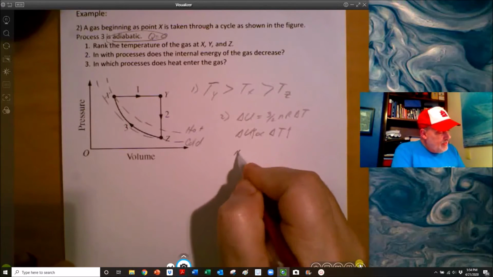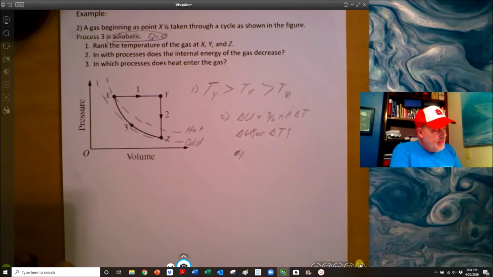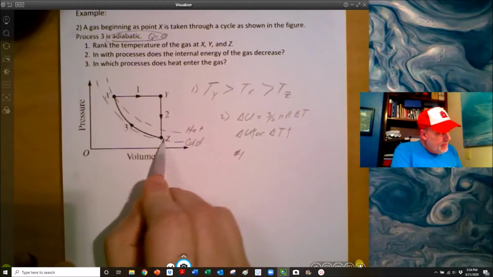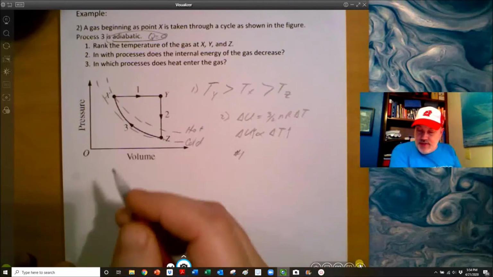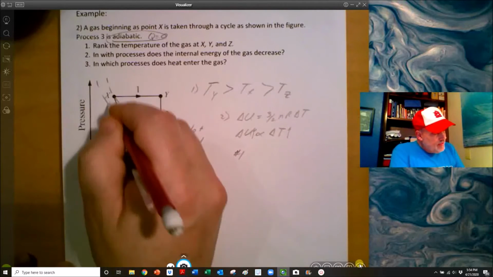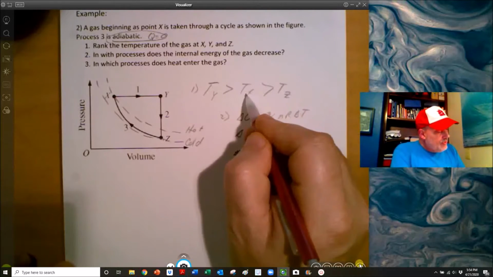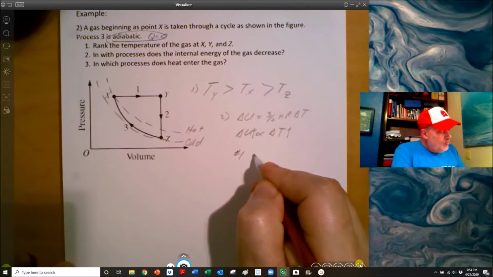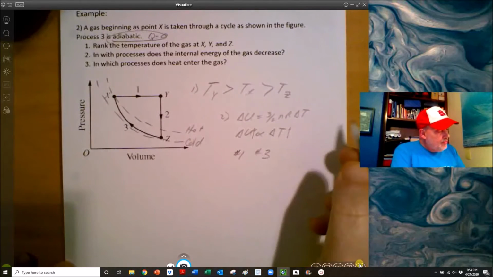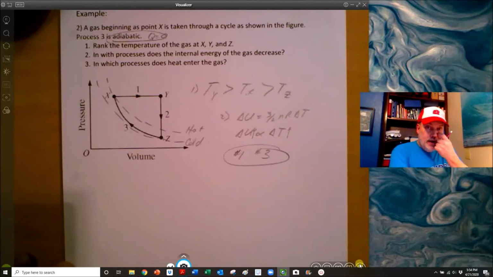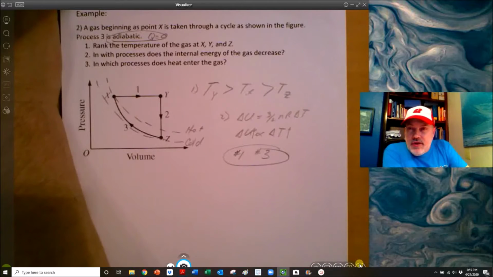So process number 1, the internal energy goes up. And then Y to Z, nope, that won't work, that's going down. And then from Z to X, we said Z is a lower temperature than X. So process number 3, in these two right here, we have an increase in temperature, therefore an increase in internal energy. Now let's look at our last part of the question.